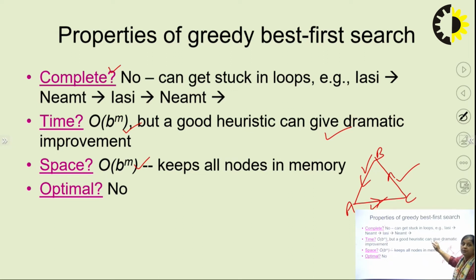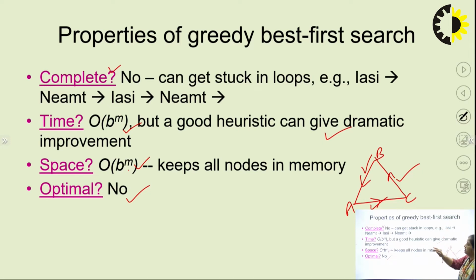So a good heuristic can make the improvement, but in general it is exponential, b to the power m. And because we are expanding the nodes and all the neighbors are kept in memory, the space complexity is also b to the power m, because all nodes are to be kept in memory until we reach the destination.